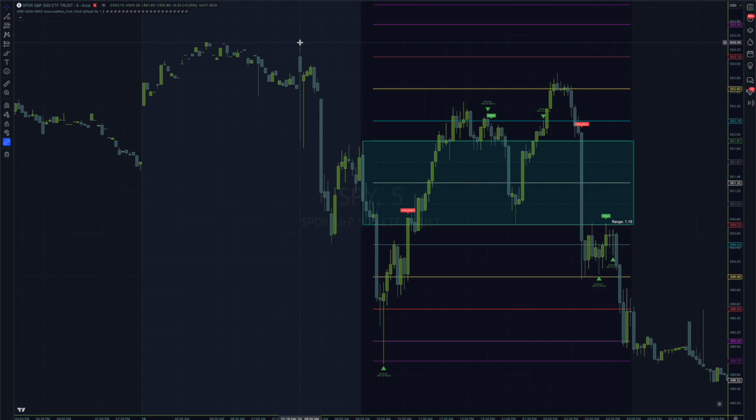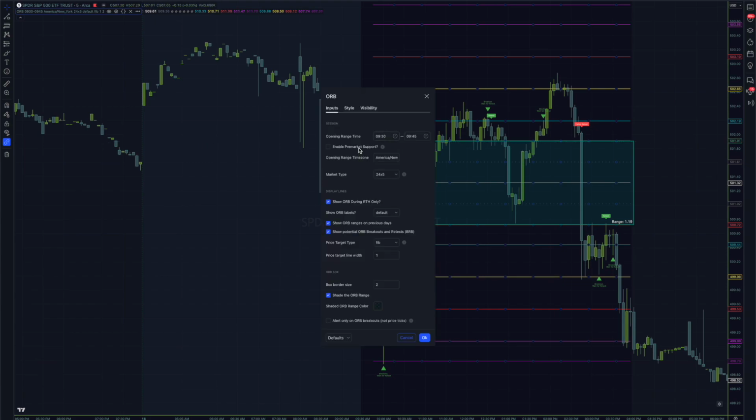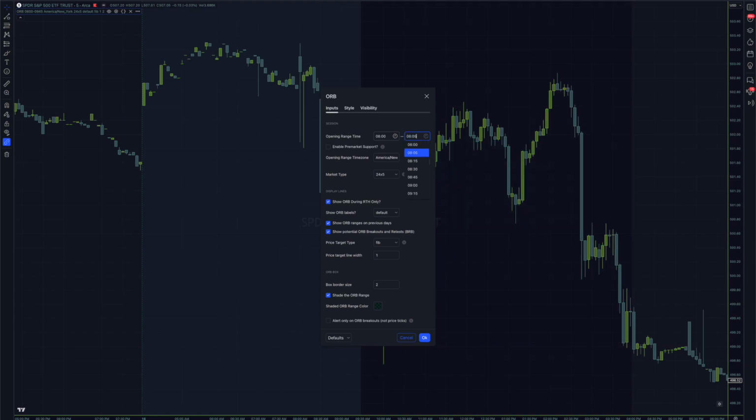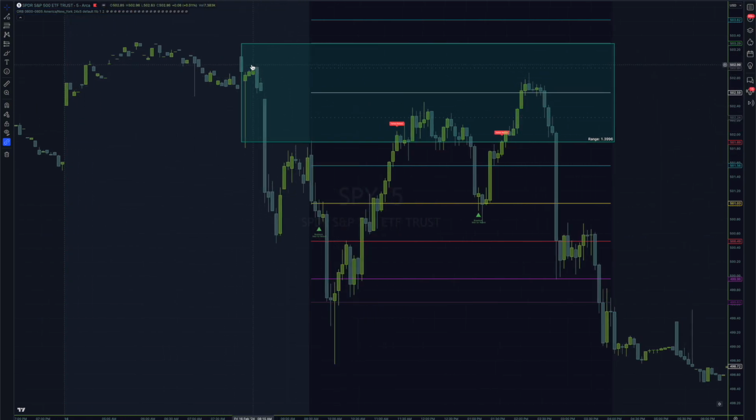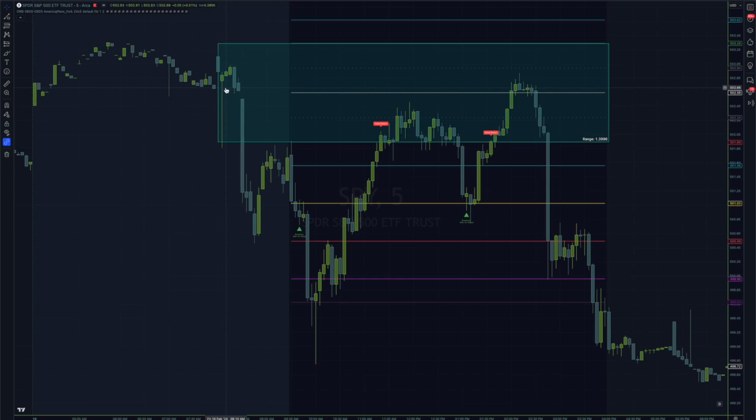Another thing I would encourage is to experiment with different ORBs. One that I really find fascinating is the 8 o'clock to 8:05 pre-market ORB indicator. So if you set it up to 8 to 8:05, enable pre-market support so it can draw from back there. And I've done a fair amount of analysis on this one.